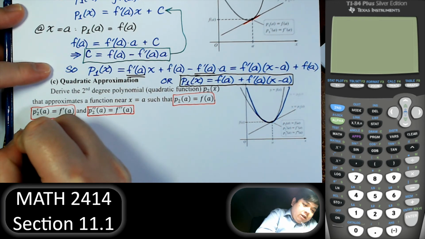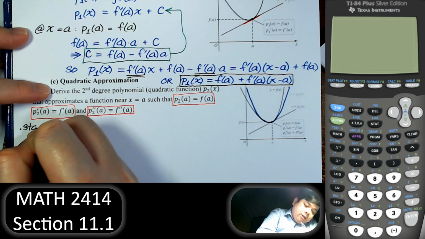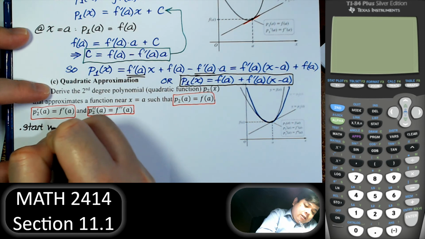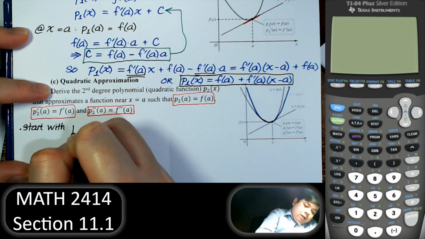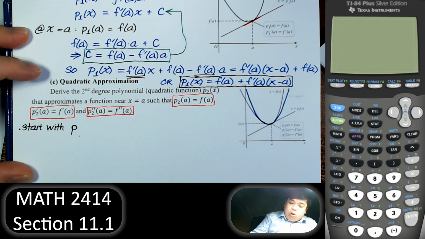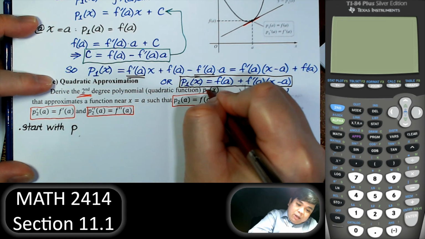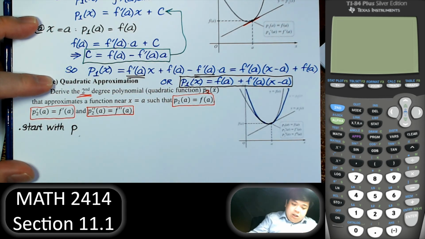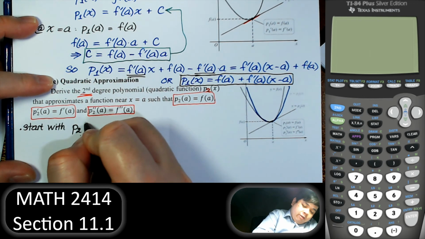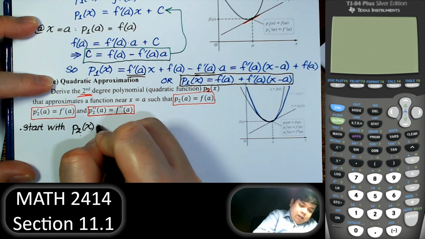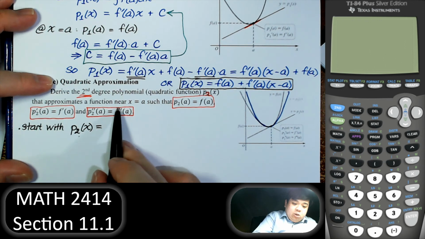So this time, for the quadratic, this is the second degree, so we're going to have p sub 2. So p sub 2 prime of x is equal to the given second derivative.